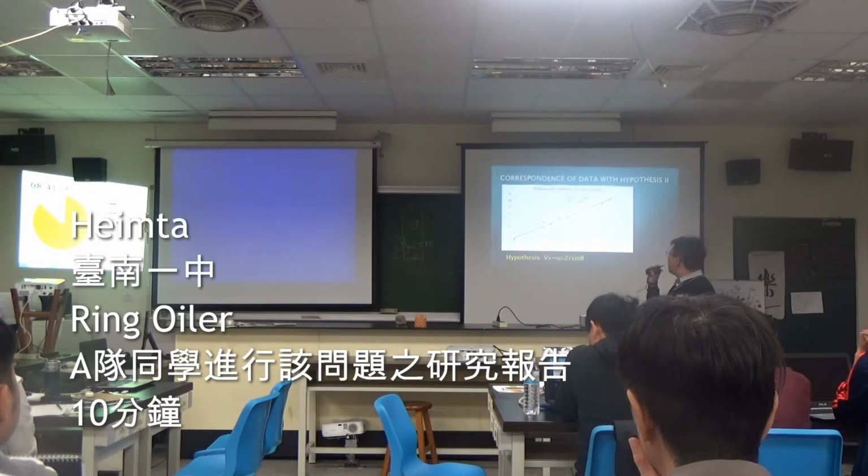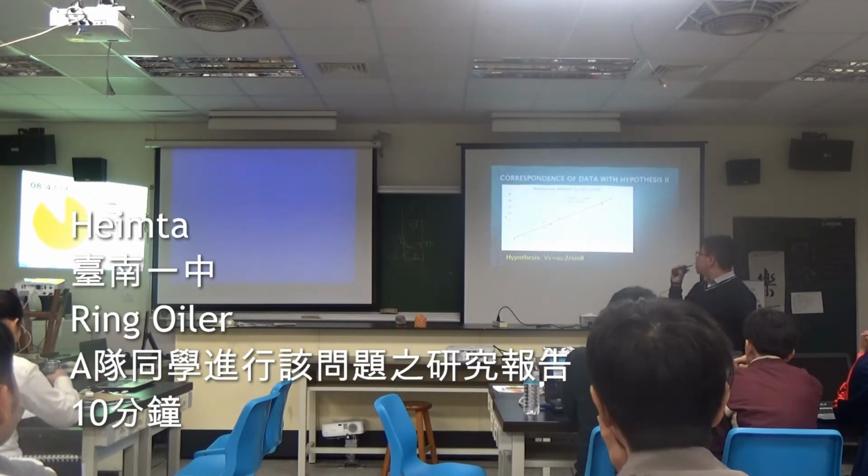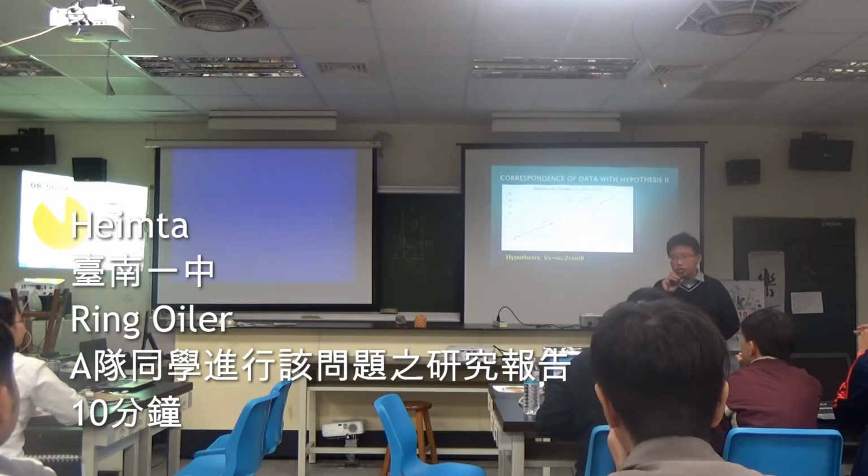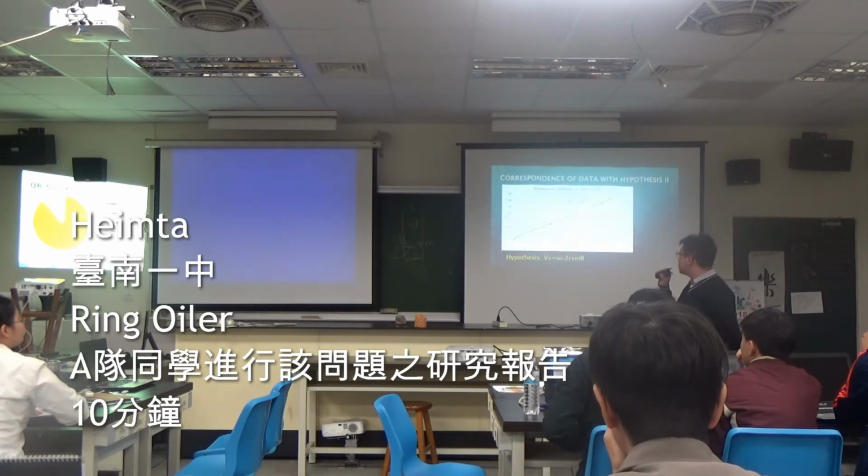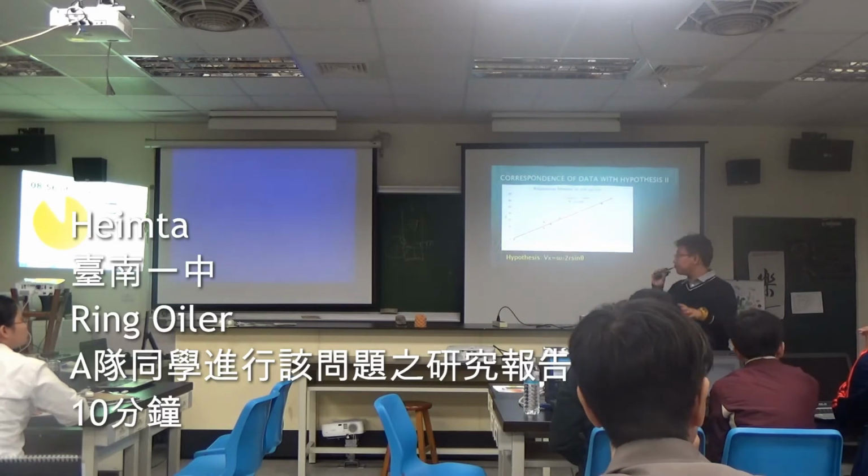And for the correspondence of data with hypothesis 2, which was Vx equals omega 2 times 2r times sine theta, we also found our data supporting our hypothesis, which is that Vx is proportional to omega 2 times sine theta.